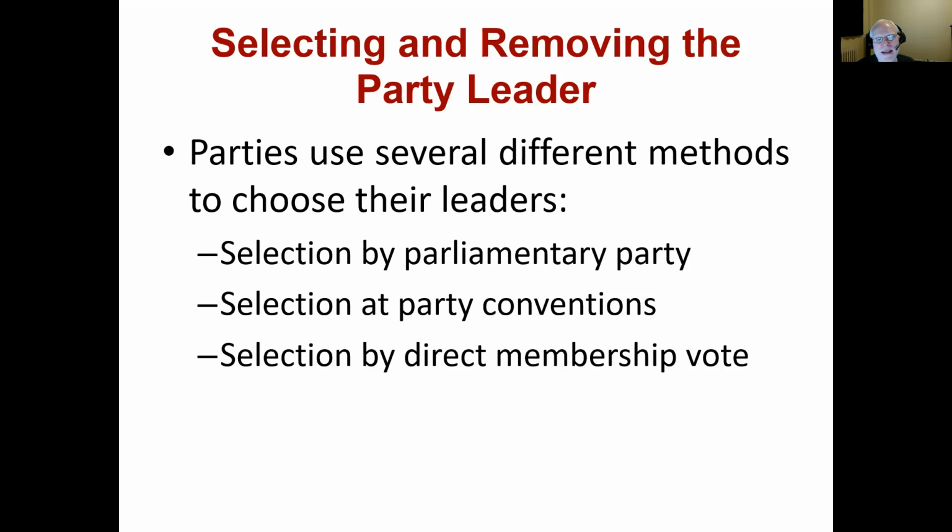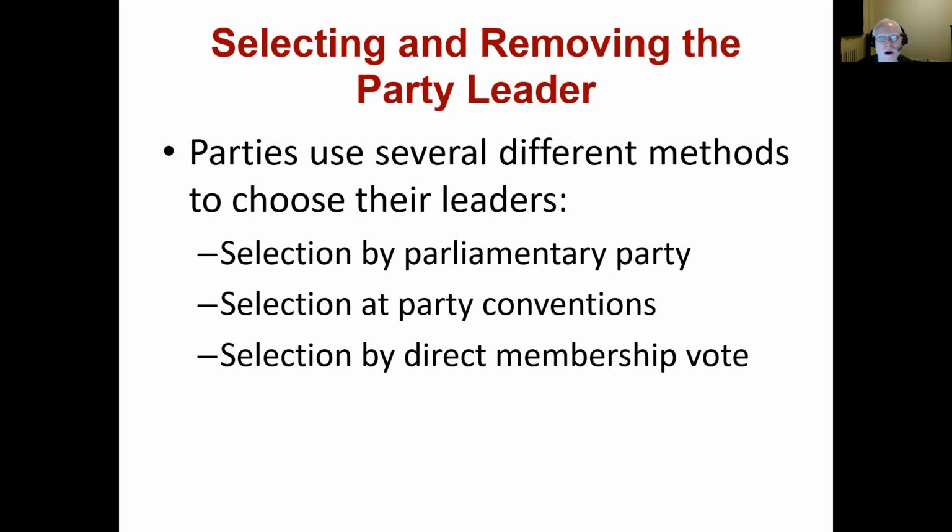The weakness is that it's less democratic, or at least less involvement of the citizenry, right? Yes, each member of the public gets to vote for selecting their member of parliament, but they have very little say in the party leadership. Most common would be selection at party conventions.